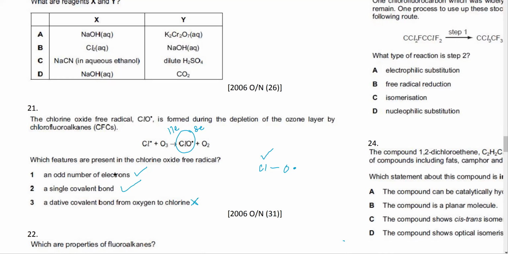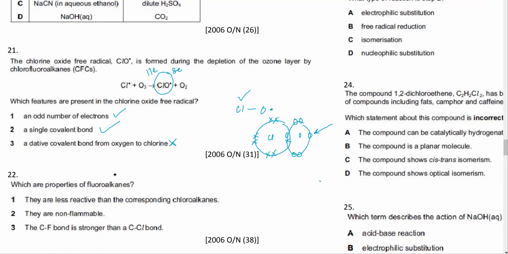Dative bond में होता है कि both electrons come from the same atom. इसके अंदर क्या है कि there's oxygen with 8 electrons, और Cl उसको एक electron अपना दे देता है, share कर लेता है. So Cl is done with, but this oxygen needs one more electron, which is why it's a free radical.